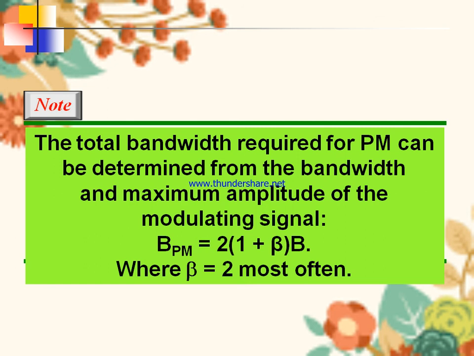Bandwidth of phase modulation equals 2 into (1 plus beta) into B, where beta is 2 most often. So, commonly we can avoid phase modulation. Always we consider frequency and amplitude: frequency modulation for audio and video signals, amplitude modulation only for audio signals because it cannot acquire the maximum band.